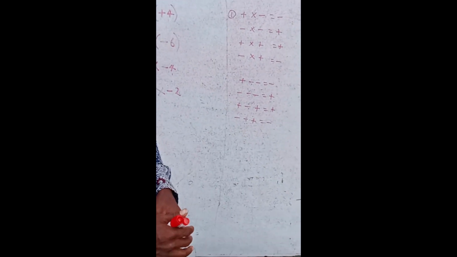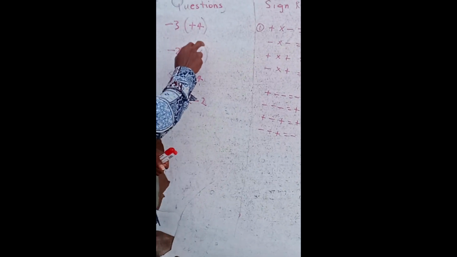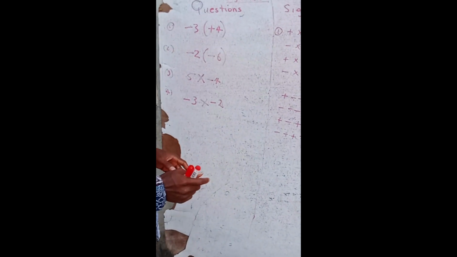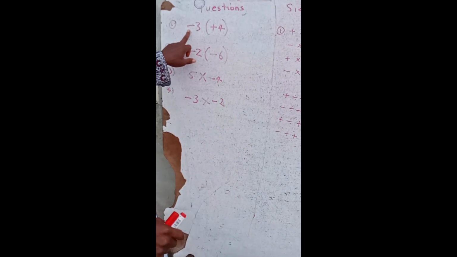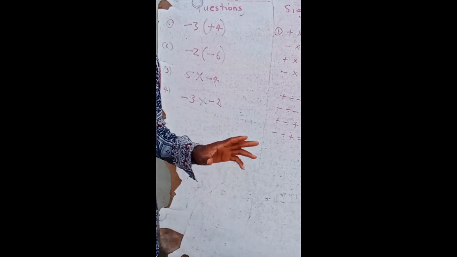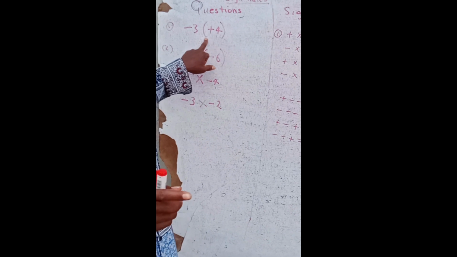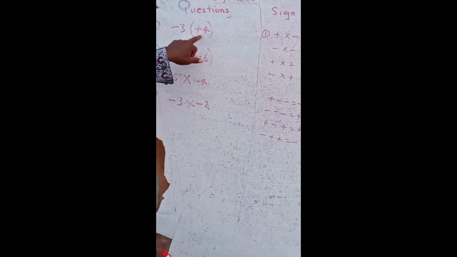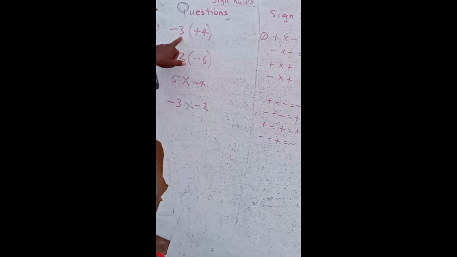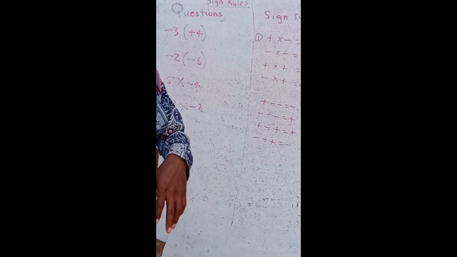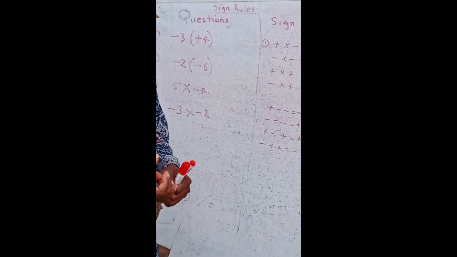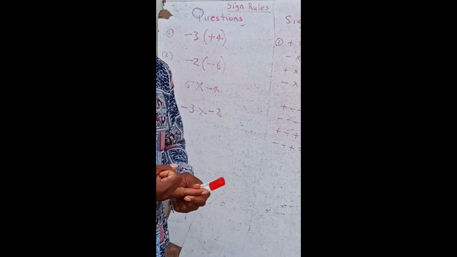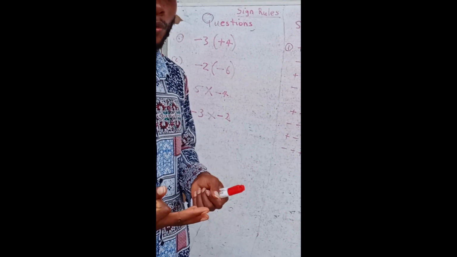So we'll be talking about the questions. Let's analyze these questions. For instance, if you have minus 3 in brackets, in mathematics, bracket means multiplication. In your multiplication or division, we have signs, we have numbers, sometimes we have alphabets.